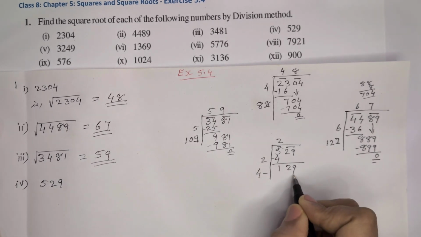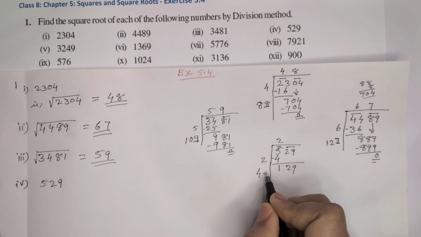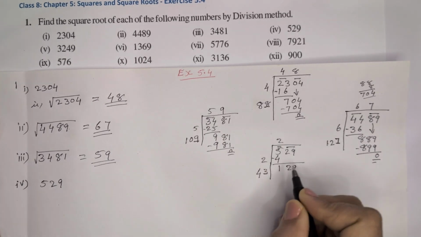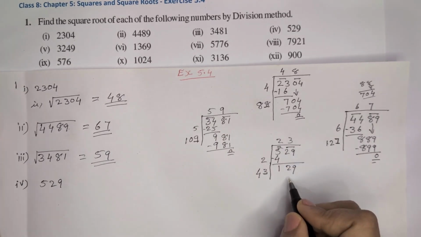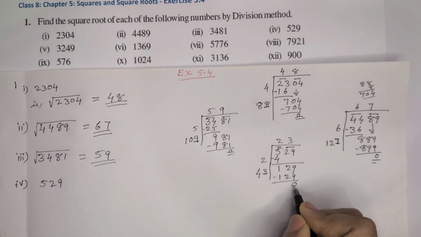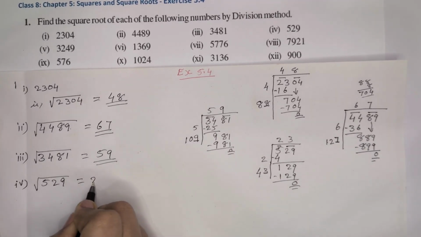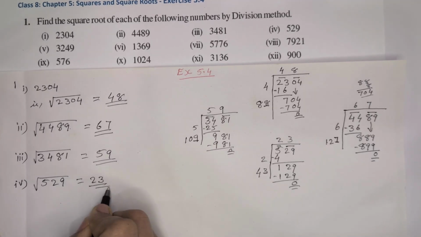So we know that 9 is ending. That means it is square of 3 or square of 7. So if we are taking 3 here, 43 into 3, that will come 129. Then here the square root of 529 is equal to 23.